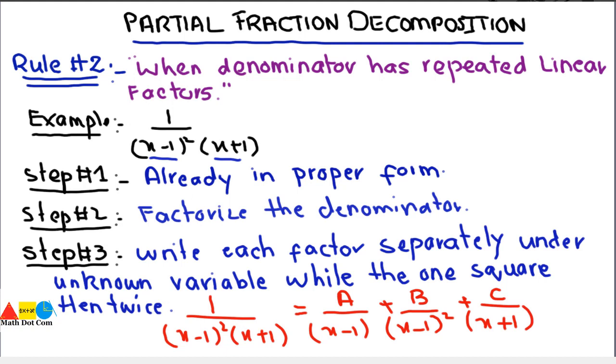This is the form of partial fractions, and this is equation number 1, in which we have to find a, b and c. In rule number 1 we had only two variables as we had two factors, but in this case the factor is repeating, so we have to increase the number of variables.